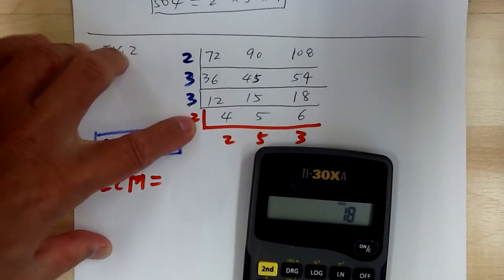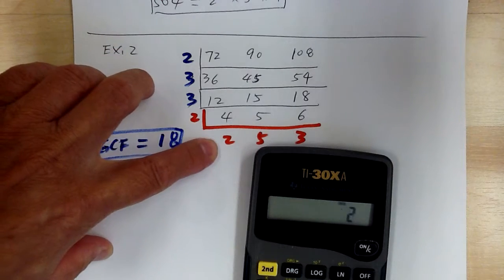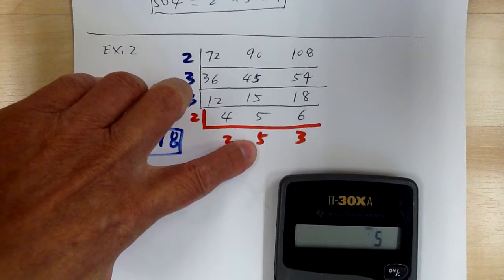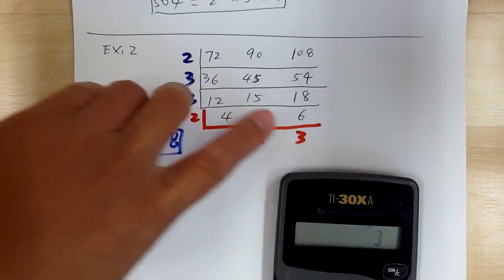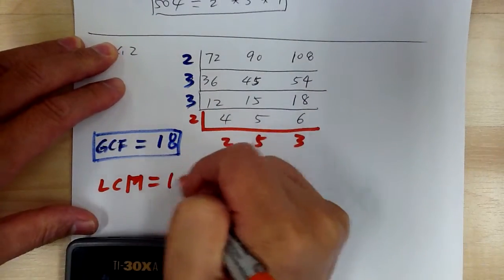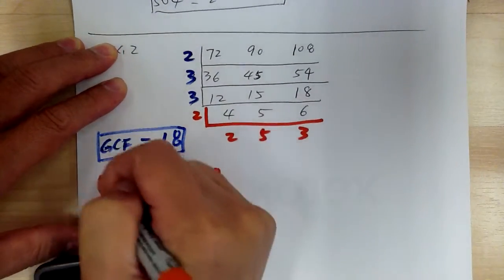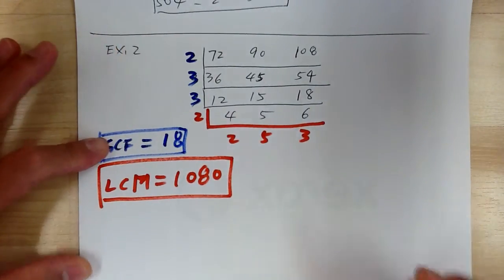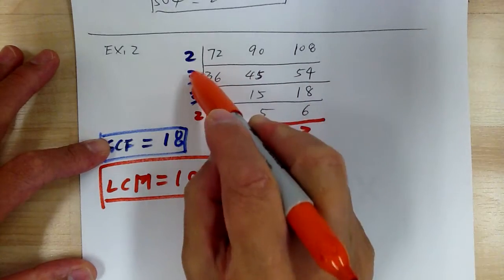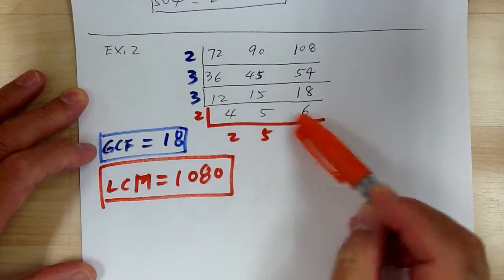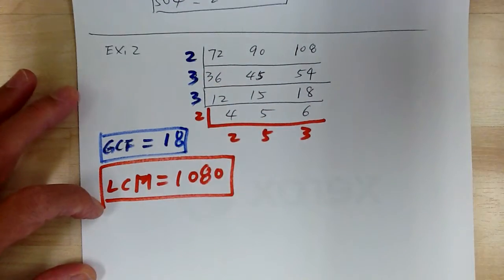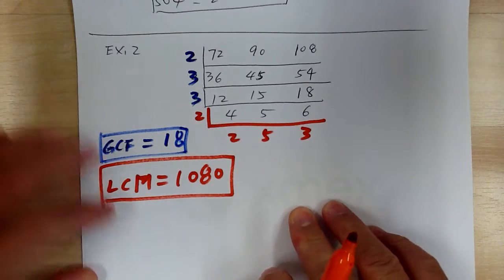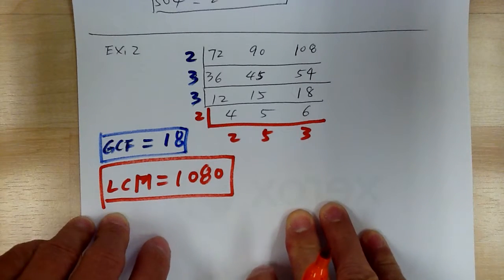So you can times it by 2, times it by 2, times it by 5, times it by 3, and it's 1080. Again, for GCF, all 3 numbers must be able to divide by the number. For LCM, as long as 2 of them can divide, you can do it. So that's example 2.